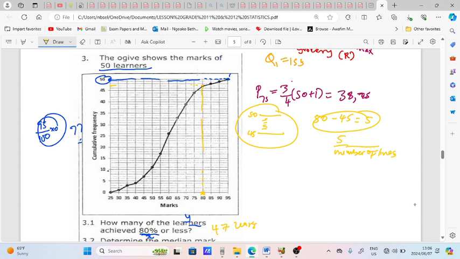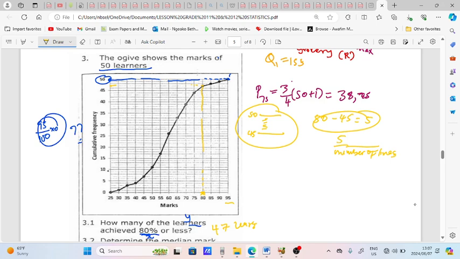Out of 95. That's why I'm saying let's take the marks as 100. They are in percentages. That will be the highest out of 100. Can you see that? Is that clear?